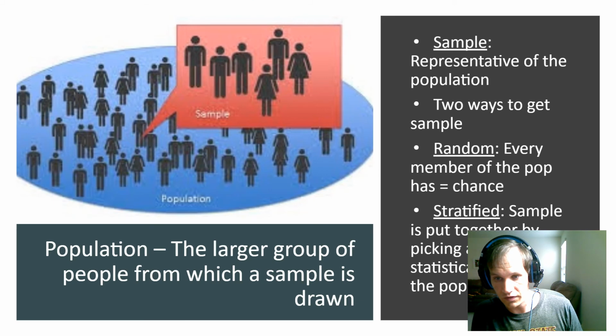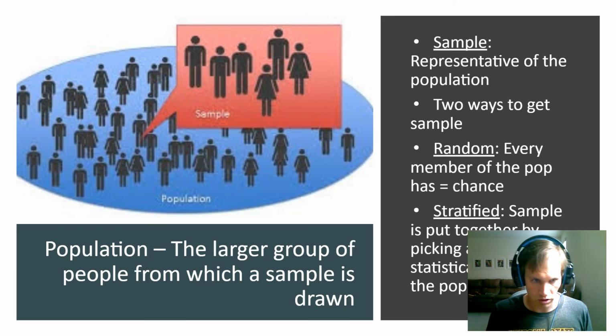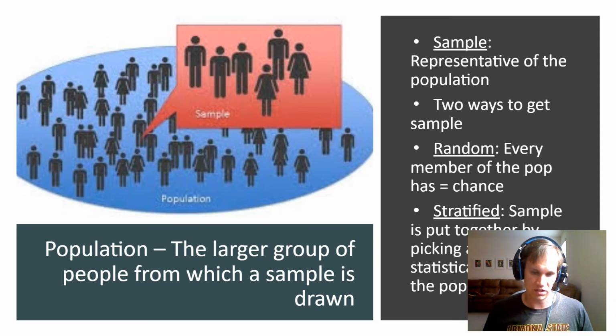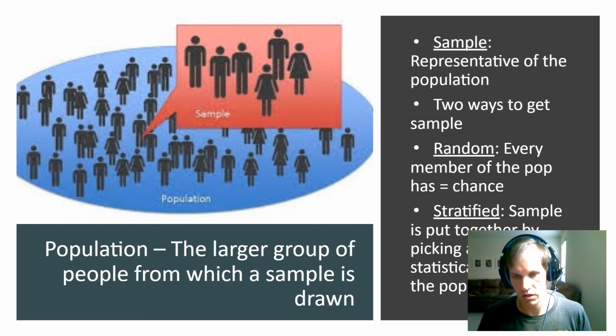Or you have a stratified sample. Okay, so you look at your population and you break it up into some sort of representative groups. So you could do it by ethnicity, you could do it by gender. It kind of depends on what you're studying.